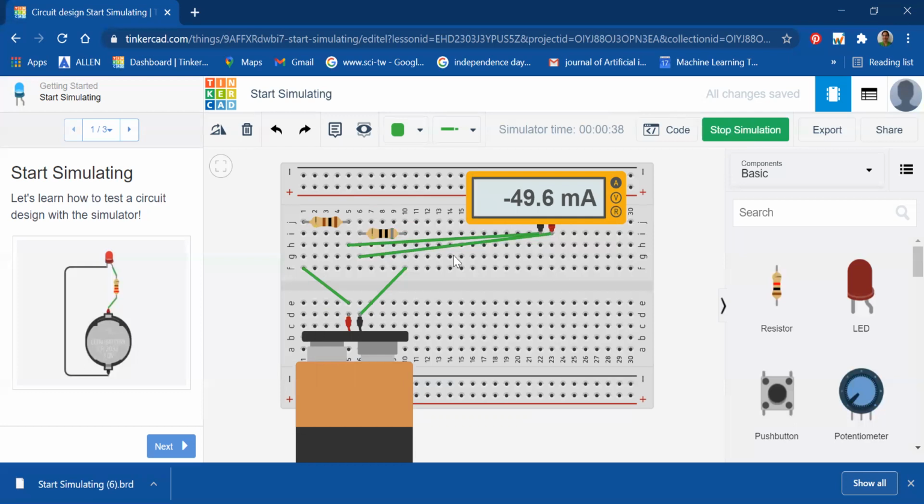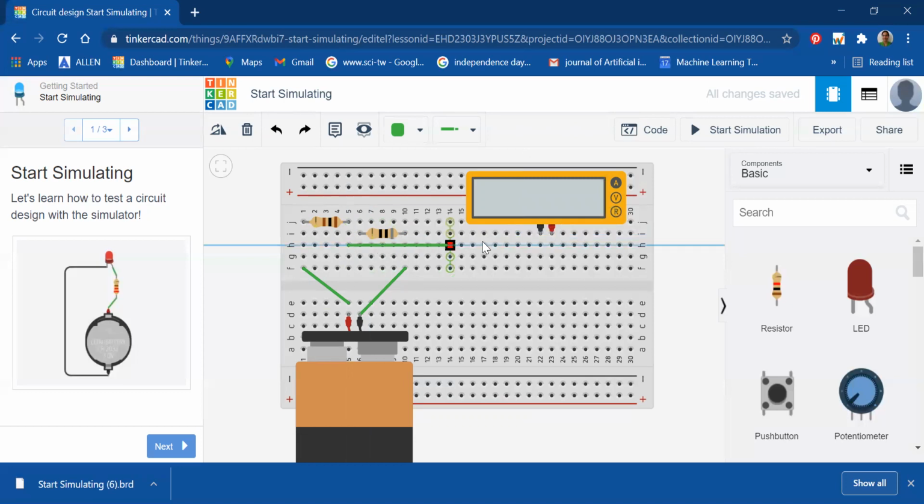So I have to stop the simulation and change the connections here. Again, I have made it in the wrong terminal.